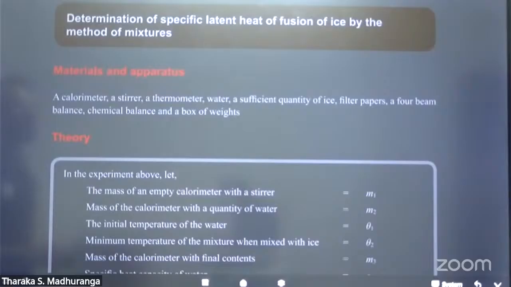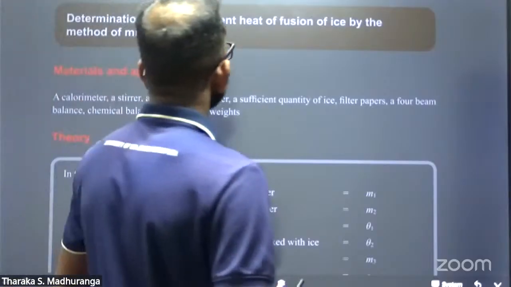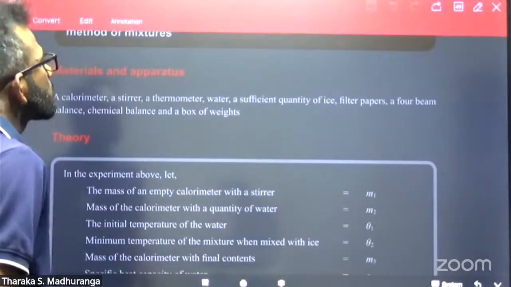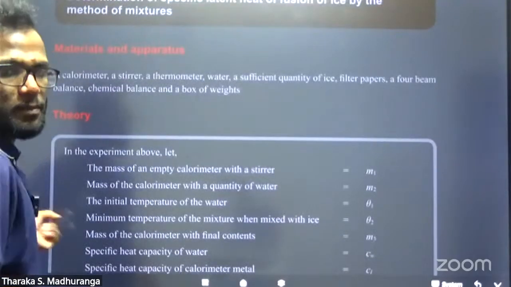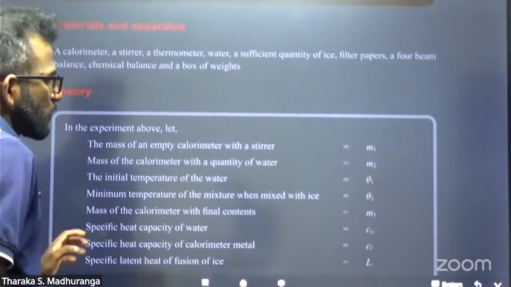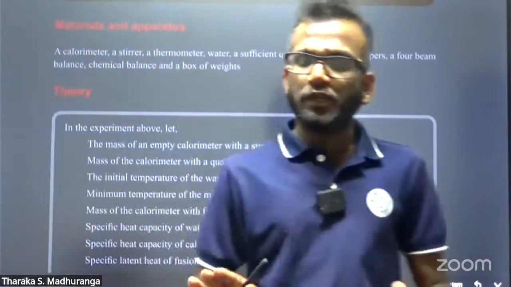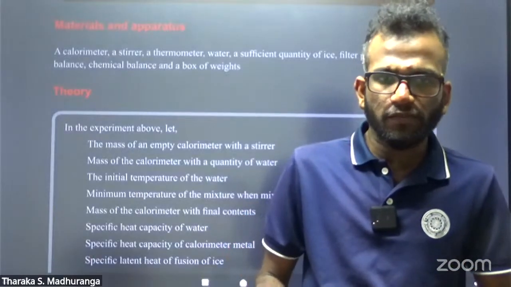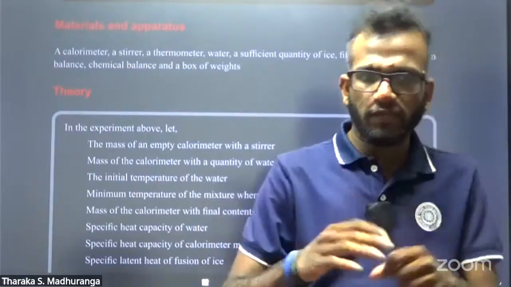Determination of specific latent heat of ice by using the mixture method. For this experiment also we use the mixture method, therefore it is the same as the previous experiment.